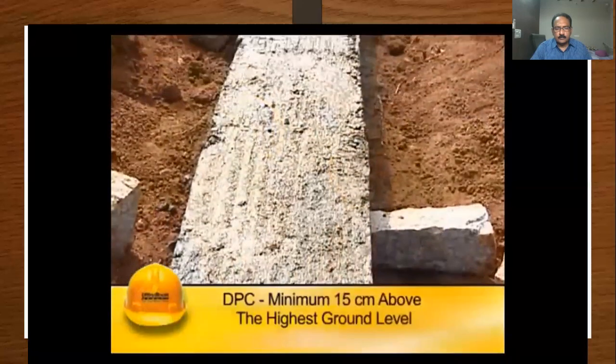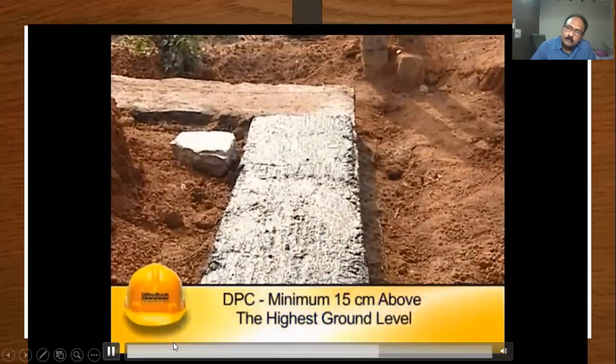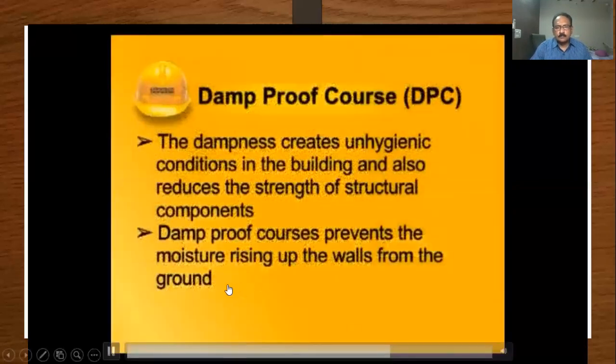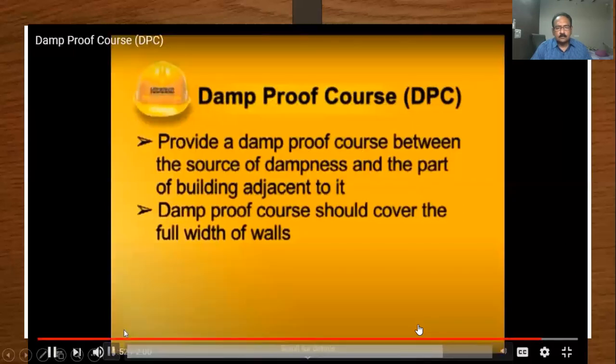The level at which the DPC starts should be minimum 15 centimeters above the highest ground level. The dampness creates unhygienic conditions in the building and also reduces the strength of structural components. Damp-proof courses prevents the moisture rising up the walls from the ground. Provide a damp-proof course between the source of dampness and the part of building adjacent to it. Damp-proof course should cover the full width of walls.